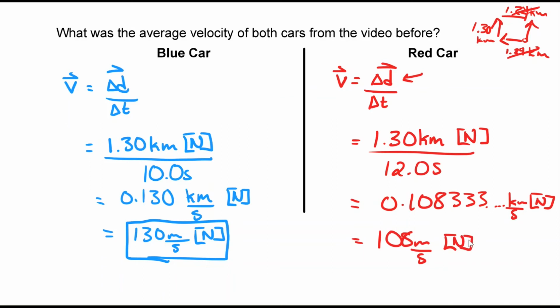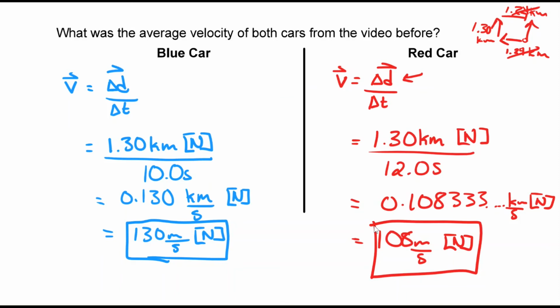Now that might seem crazy to some people, because if I asked you which car had the greatest velocity, you wouldn't have said the blue car. The red car is traveling faster. But average velocity is all about if you were to go straight from the beginning, straight to the end, straight from the start to the finish, on average, how fast and in what direction were you heading?